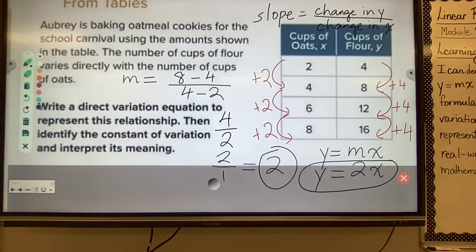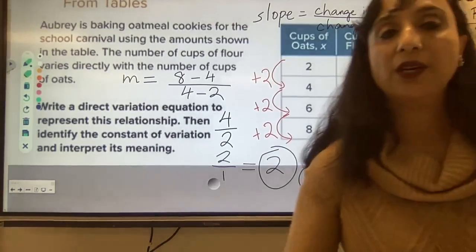And to find the constant of variation and interpret its meaning, we are just going to look at the slope. The constant of variation is equal to the slope. So the constant of variation is how much? 2. And this means that the unit rate is 2 cups of flour per cup of oats.